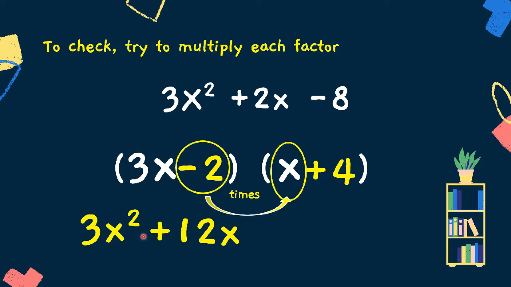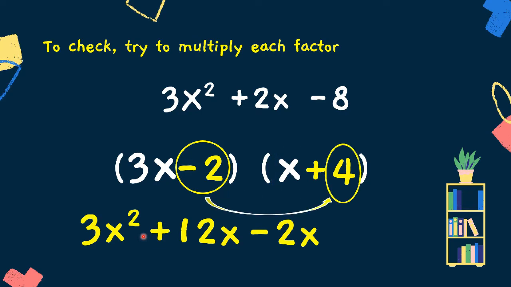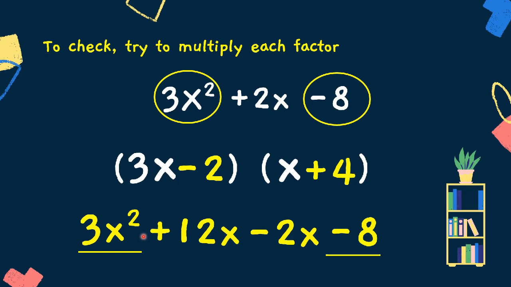Negative 2 times x is equal to negative 2x. And the last, negative 2 times positive 4 is equal to negative 8. Notice that the first term matches the first term in our given polynomial. The third term also matches the negative 8 term in our original polynomial.